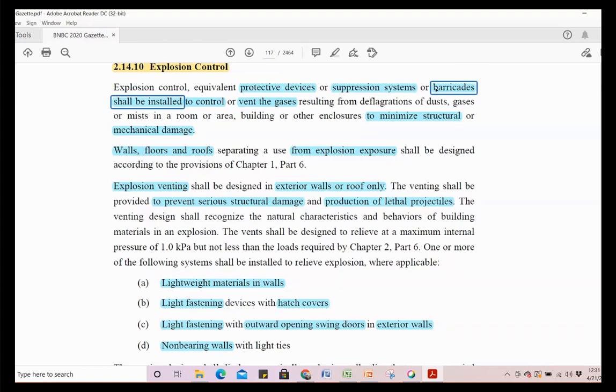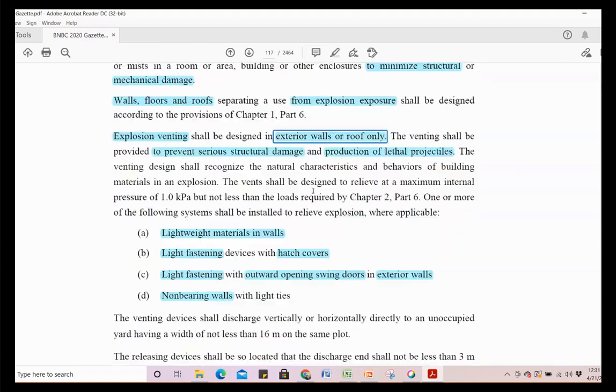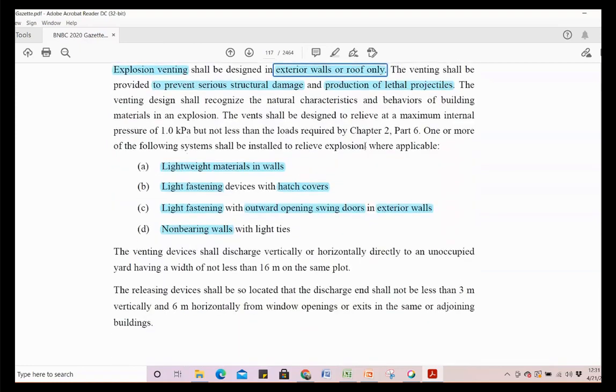They can be used to control or vent the gases. So there are explosion venting measures usually directed to exterior walls or roofs where it is safe to discharge. So that is one of the ideas.